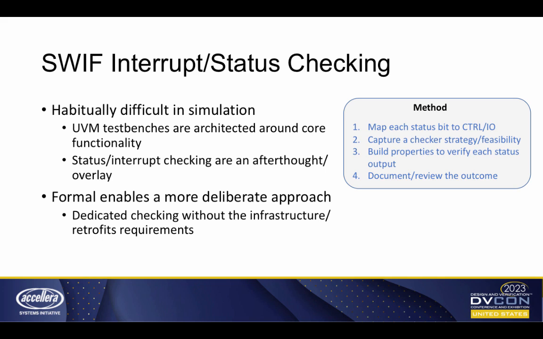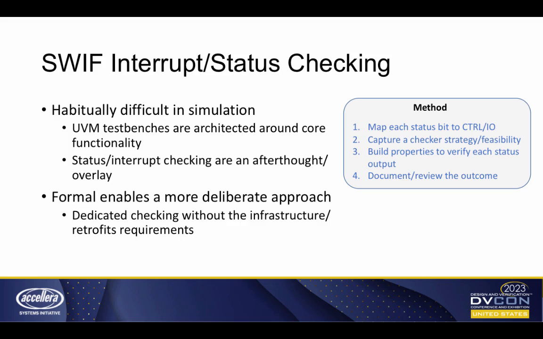So the method here is 4 steps. First, you're looking at all of the software status outputs from your DUT, and you're mapping them to all of the relevant control registers or I/O. I'll show you what that looks like in a second.